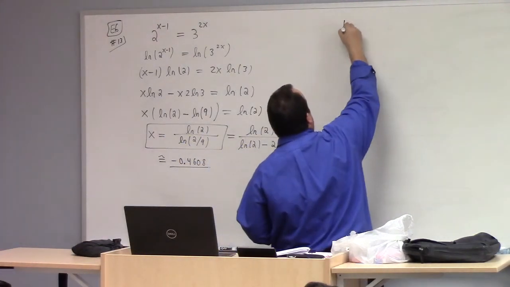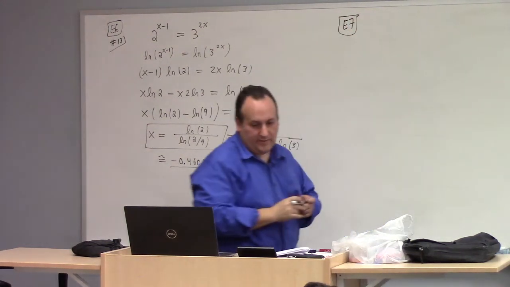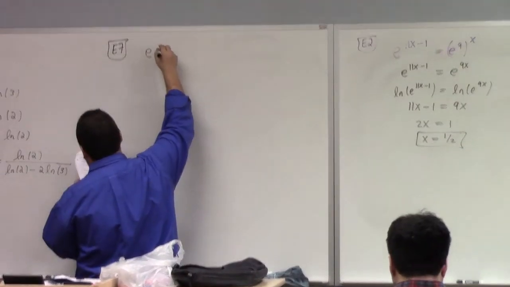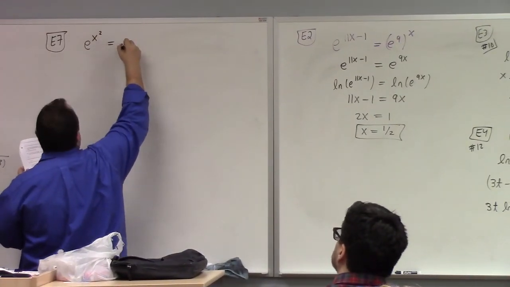So example 7. Let's work one. Let's look at a mid-level boss here. e to the x squared equals 148. How are you going to do that one?